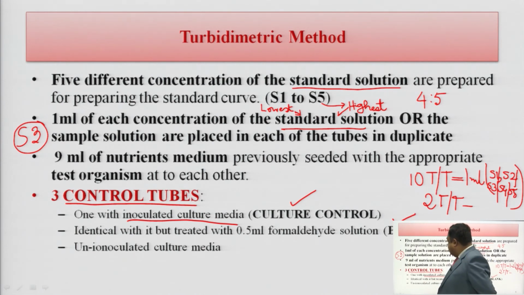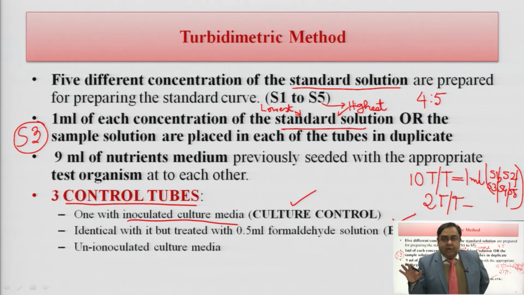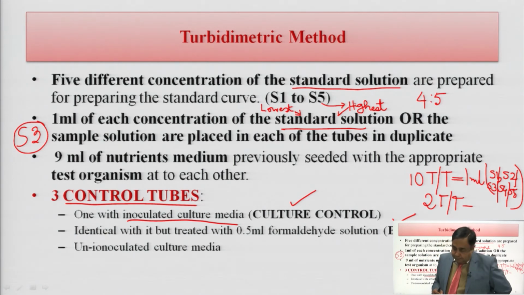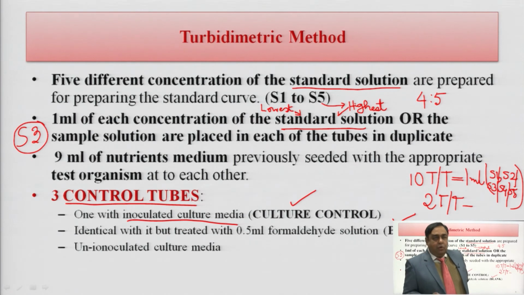And the third one is uninoculated culture media. Ideally, this uninoculated culture media should be absolutely clear, because you are not adding any microorganism, that is the reason why it is uninoculated, so there should not be any growth. If there is accidental growth, it means the media was not properly sterilized before adding the sensitive culture.